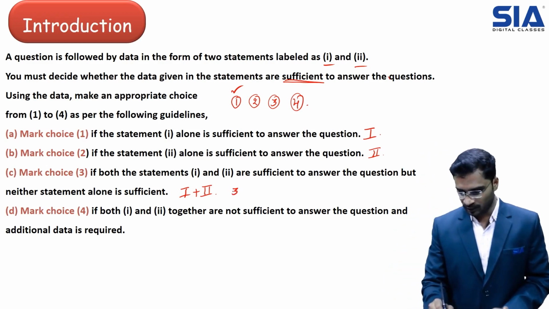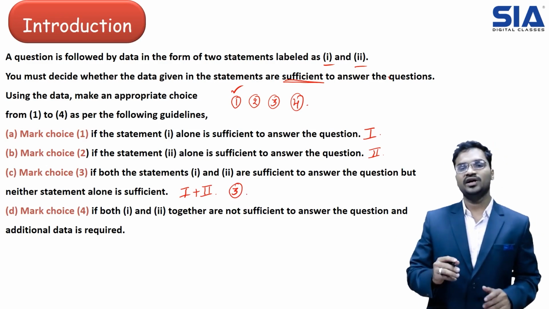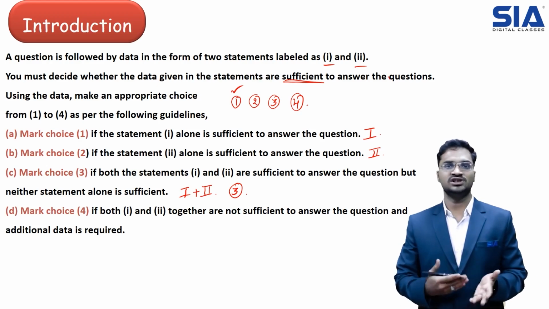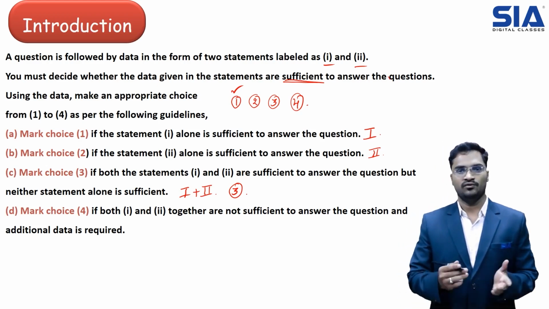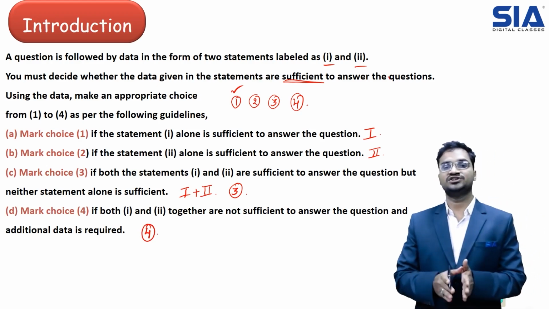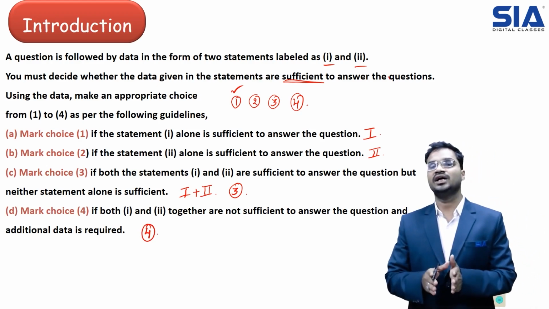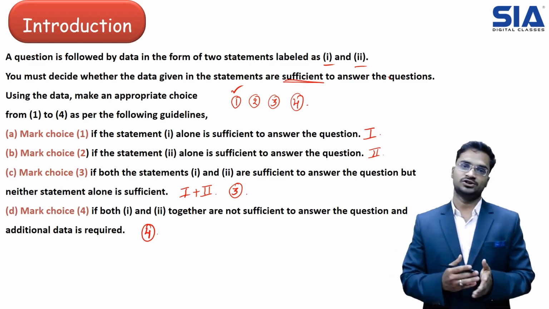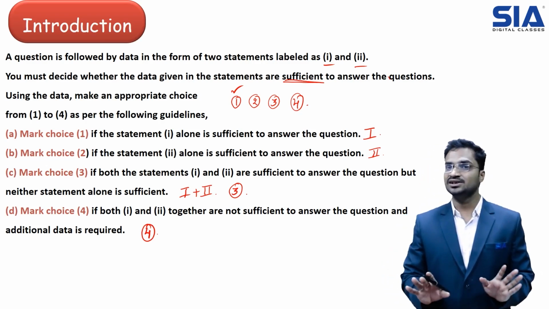When we are not getting the answer even after combining both statements, we have to mark option 4. If statement 1 and statement 2 together are not sufficient to answer the question, then option 4 is to be marked. So these are the instructions.